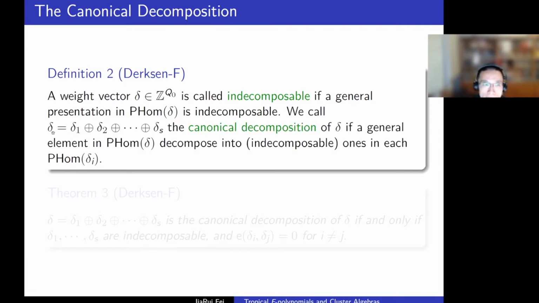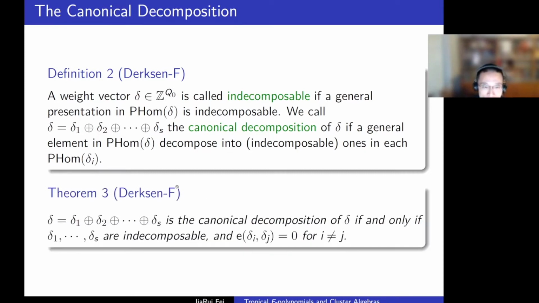And if we write a delta vector as a direct sum like this, where the general elements in the presentation space of weight delta decompose into indecomposable ones, each of weight delta_i, then this is called the canonical decomposition.